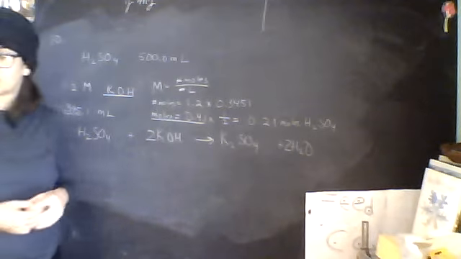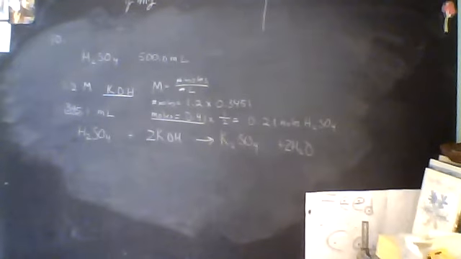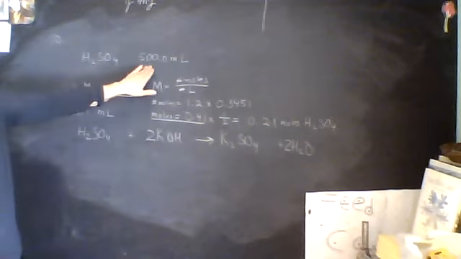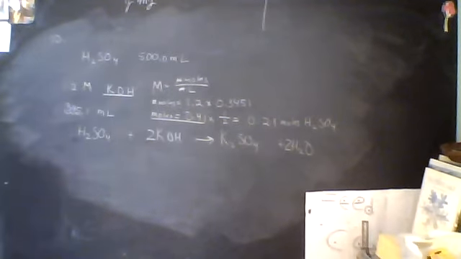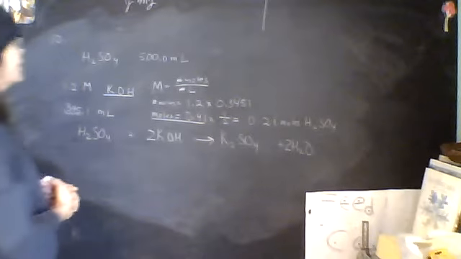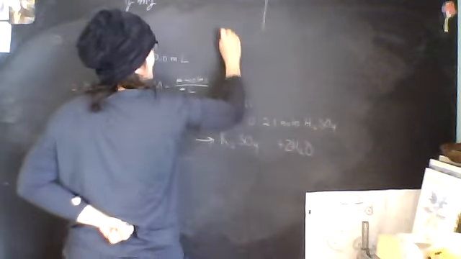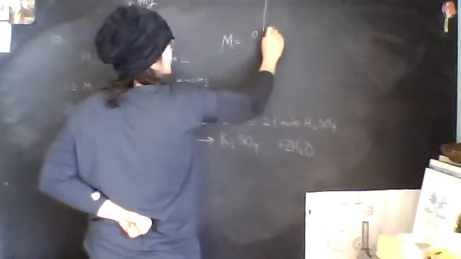Okay. So now what? We're still not there yet. We need molarity. Well, I know how many moles I've used. I know how many liters I've used. So all I have to do is find the concentration. So the molarity is going to equal 0.21 moles.